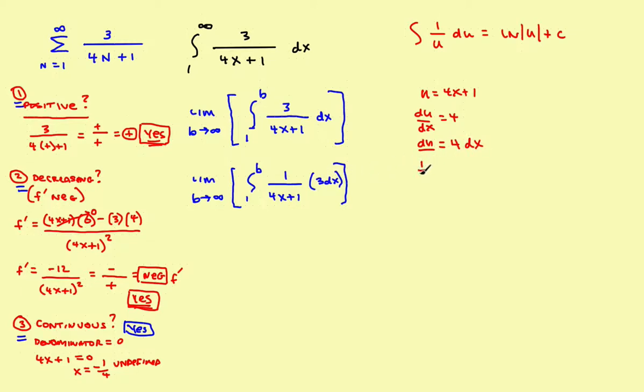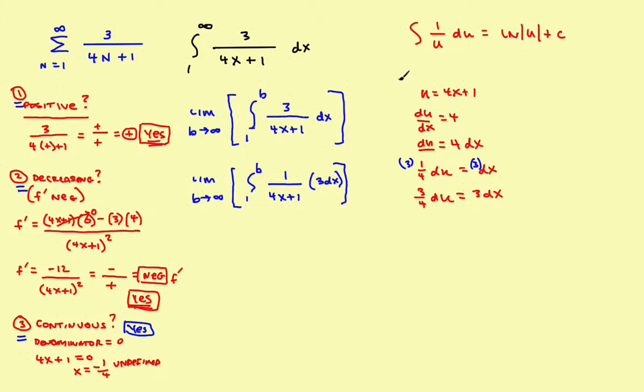That tells me 1/4 du is equal to dx. And then finally, I need a 3 dx, so I'll multiply both sides by 3. What that's going to finally give me then would be 3/4 du is equal to 3 dx.